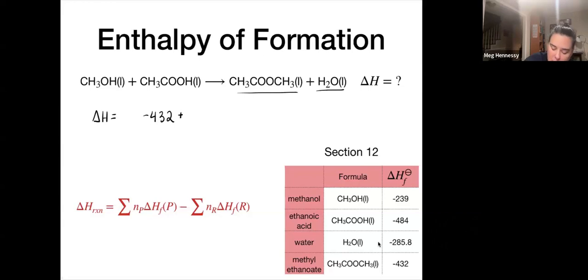Be careful that you do use the right one. Both vapor water and liquid water are in the table, and it's a really common mistake to just use the wrong one. And then I'm going to subtract all of the enthalpies of formation of the reactants. So I'm going to put in methanol, and I'm going to put in ethanoic acid.